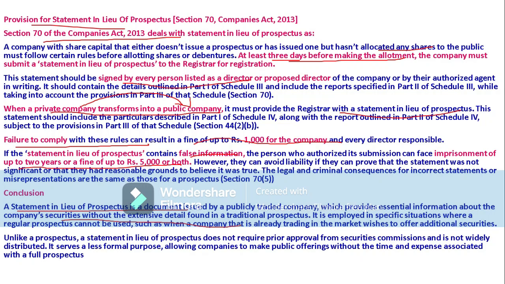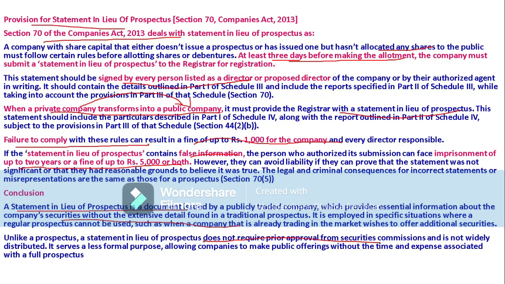Unlike a prospectus, a statement in lieu of prospectus does not require prior approval from the securities commission. Why? Because they are not going for a public issue. They are raising their funds within the management only, within the company only. So there is no need to get prior approval from the securities commission.